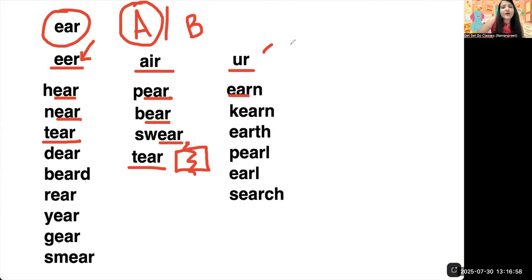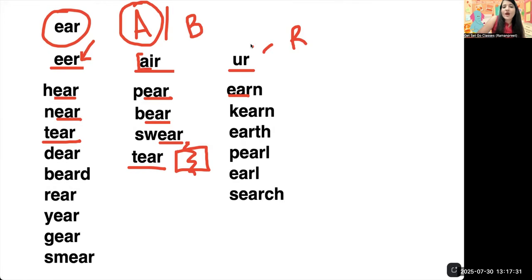We also call them R controlled sounds. There are other sounds also, like AR, IR, ER, UR. But yes, here also we call them R controlled sounds because R is controlling the sounds of the vowels before it. And we never say the sound of R very harshly or very hardly in these words. We never read these words as hear, near, tear with a hard R. It's here, near, tear, like that.